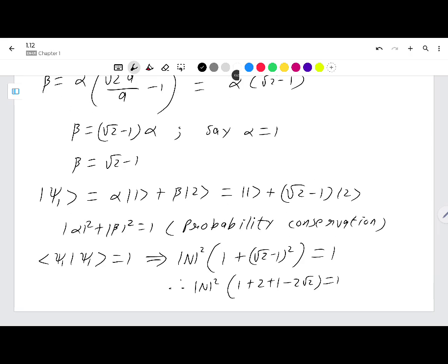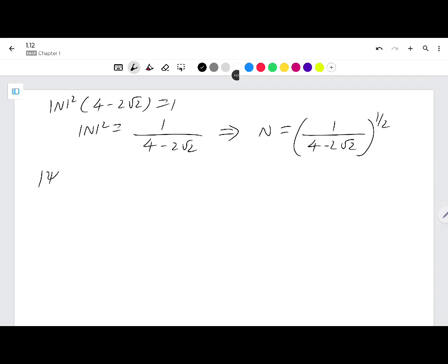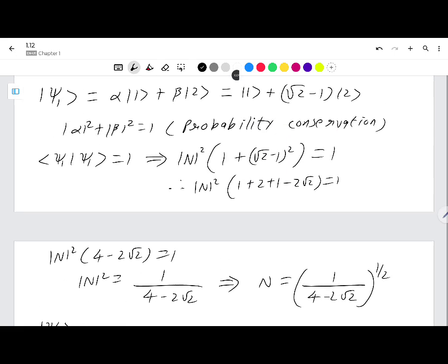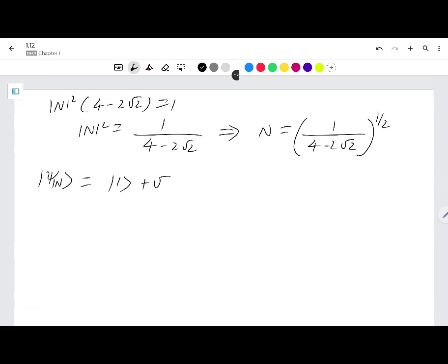So we need to divide our state. Let's say this is now the normalized state with this 1 over N, so that is (|1> plus (root 2 minus 1)|2>) divided by root of (4 minus 2 root 2).